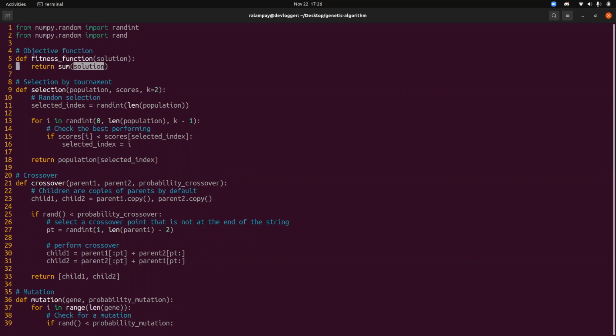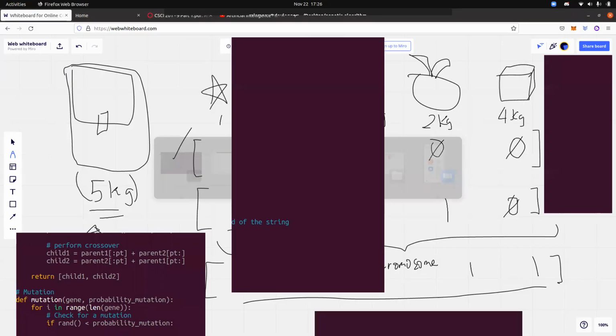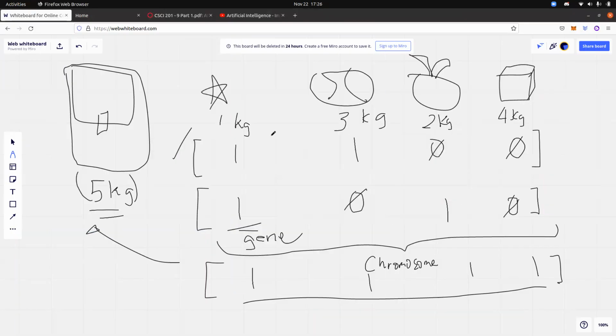We multiply the ones with the weight of each item. Okay, so if we multiply the ones with the weights of each item, what you're saying is 1 times 1, 1 times 3, 1 times 2, and 1 times 4. Now, what will be the score if, let's say, we input this chromosome? 10, sir. 10?